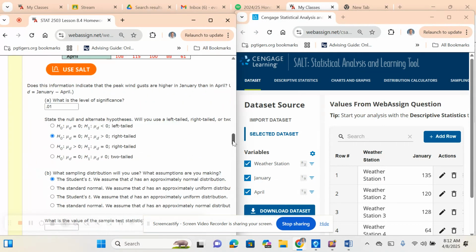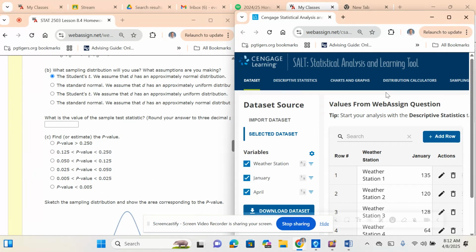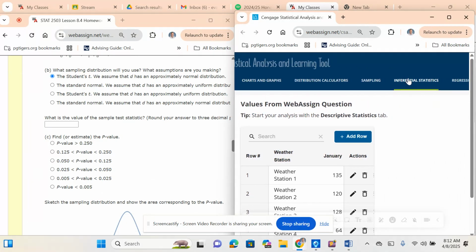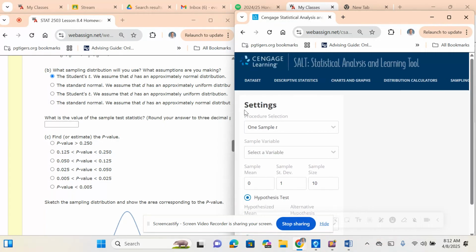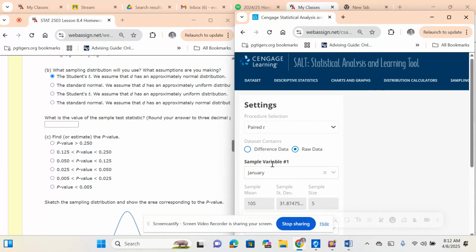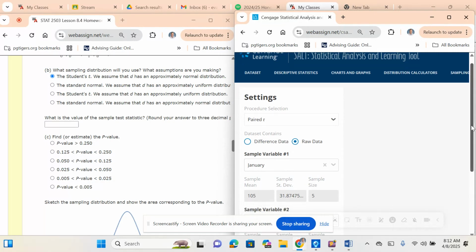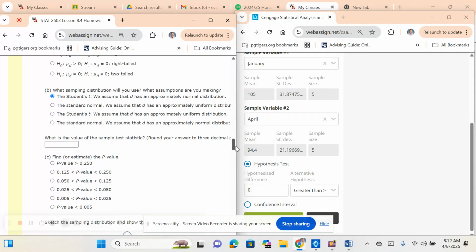So I'm going to go to the inferential statistics. It is a paired t because we have paired data. The first one was January, remember? And the second one was April. They already preloaded it. Hypothesis test, the mean difference is 0. And I'm trying to prove it's greater than, because that's what I had in my alternate hypothesis here.